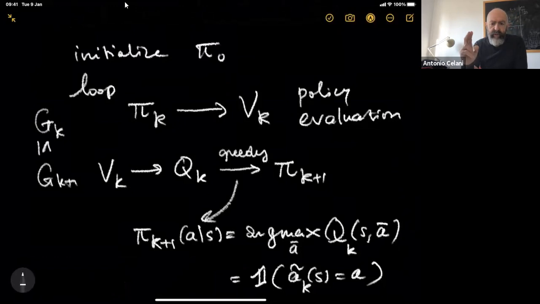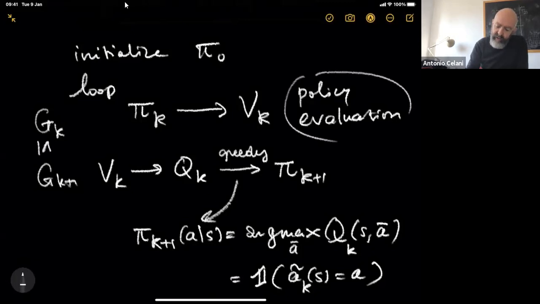Actually, the proof goes into two steps. The first step will be that the value of my objective function under one iteration of the policy is always larger or equal to the previous one. And the second thing will be that if it's equal, then it's the Bellman's equation, and this will close the matter. Okay. So by the way, this first step is policy evaluation.